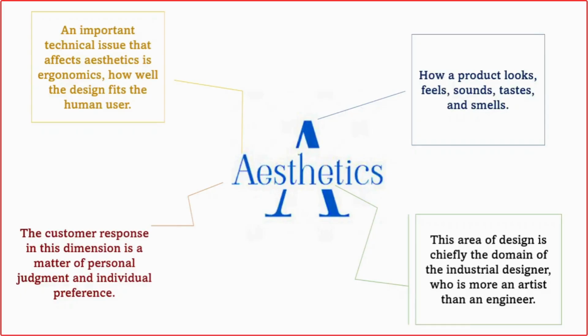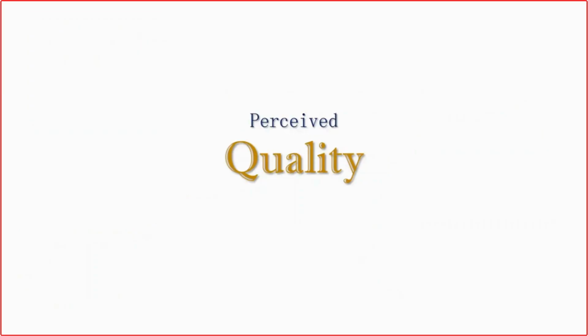An industrial designer is more an artist than an engineer. So ultimately, that industrial designer is responsible for the maintenance of the aesthetics. Clear? Because everyone likes to have a good looking product, a good sounding product, a good tasting product, as well as the good feel of the product.